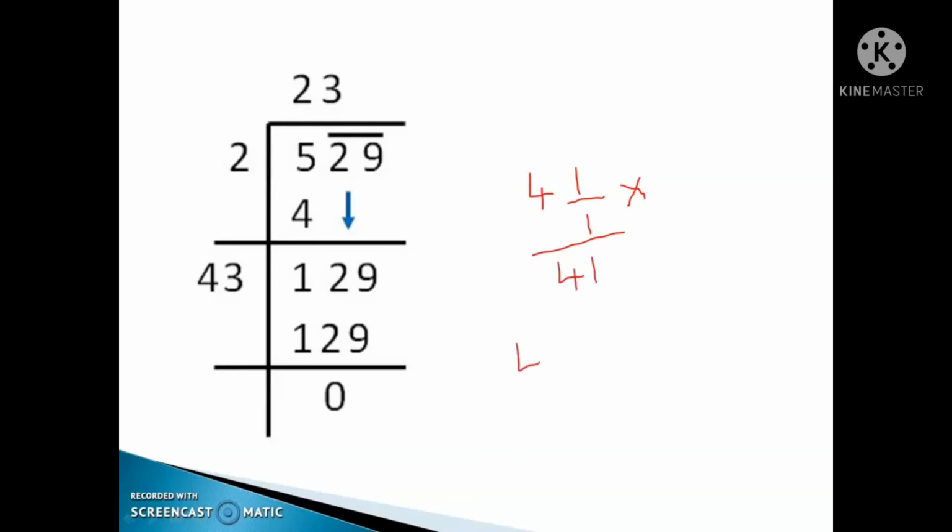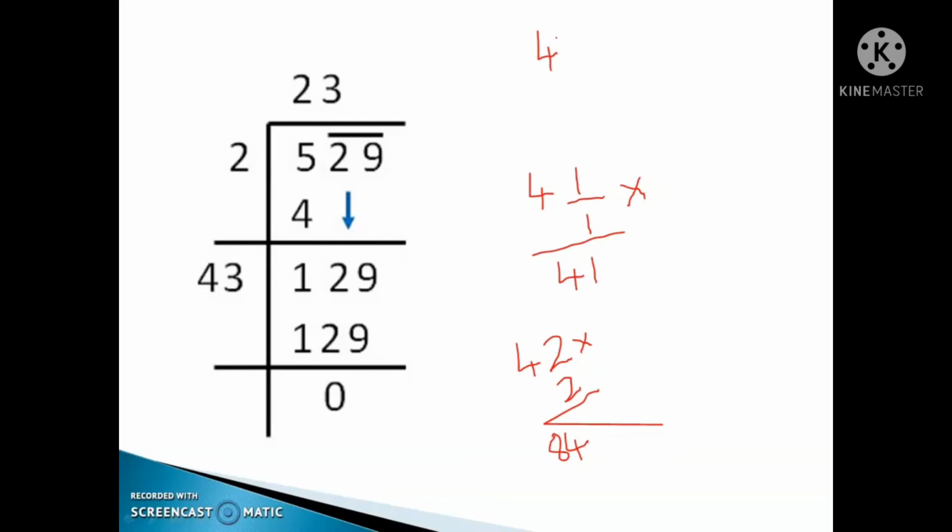I'll start again, try with 2. 42 into 2 is 84. Again, I didn't get 129.